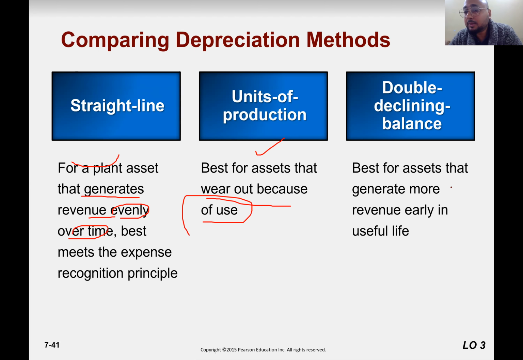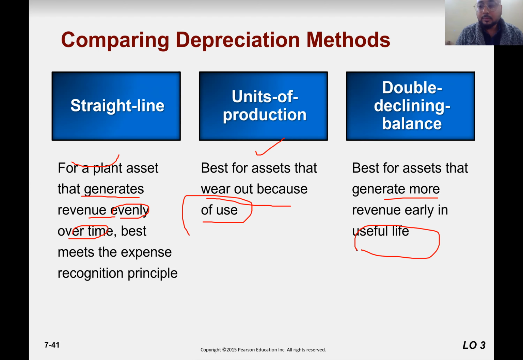Double declining methods are best for those assets who generate revenue early in their useful life. For example, technology related plant and machinery. For example, mobile phone production plant, because every year new model is coming and old technology is going to be obsolete.